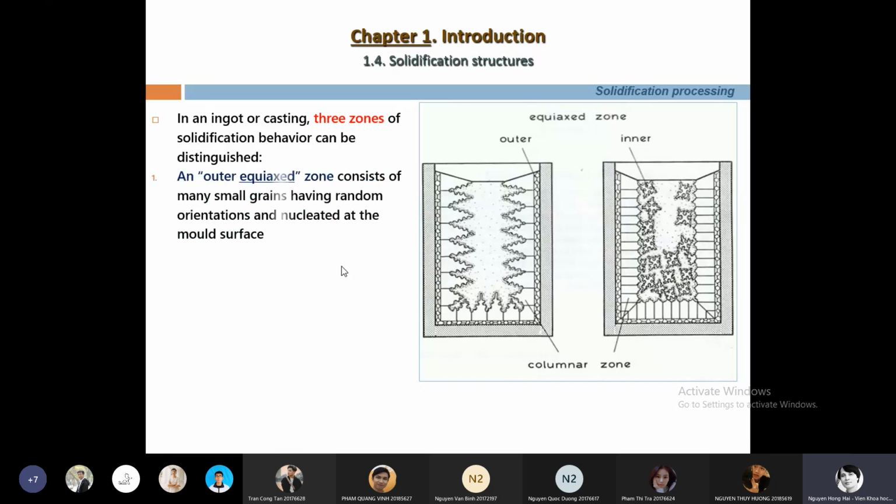The first one is the outer chill zone, this one. This zone consists of many small grains having random orientation, nucleated at the mold surface. Very fine grains oriented randomly. This is the outer chill zone.